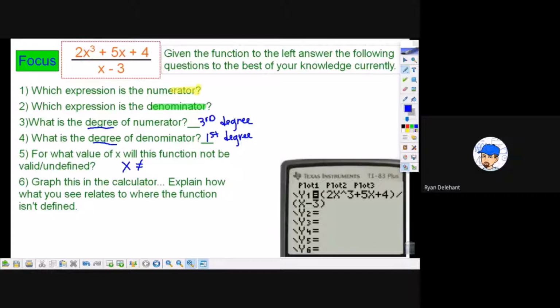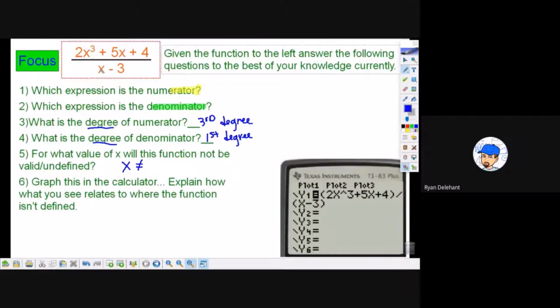There's only really 2 things that we can't do, that we can't get real number answers for. One of them has to do with the square root, which isn't this one, and the other one has to do with fractions, because fractions are dividing. What can we never divide by? 0. So based on that knowledge, what number can I not pick for x? Because I'll get division by 0 on the bottom.